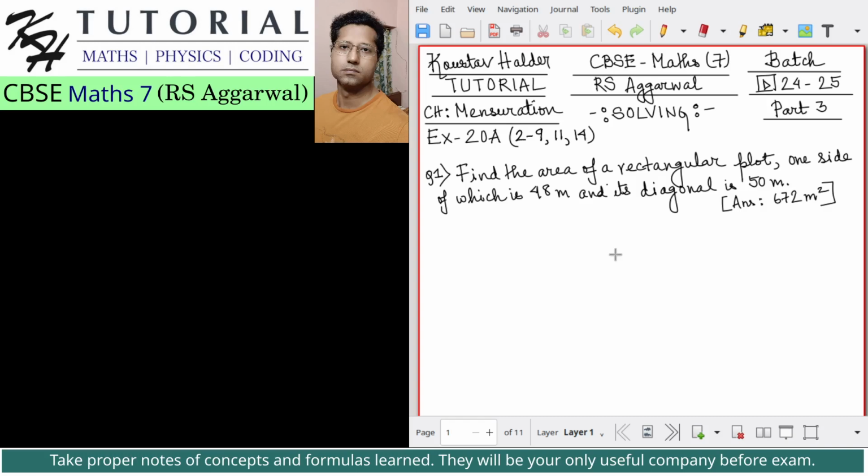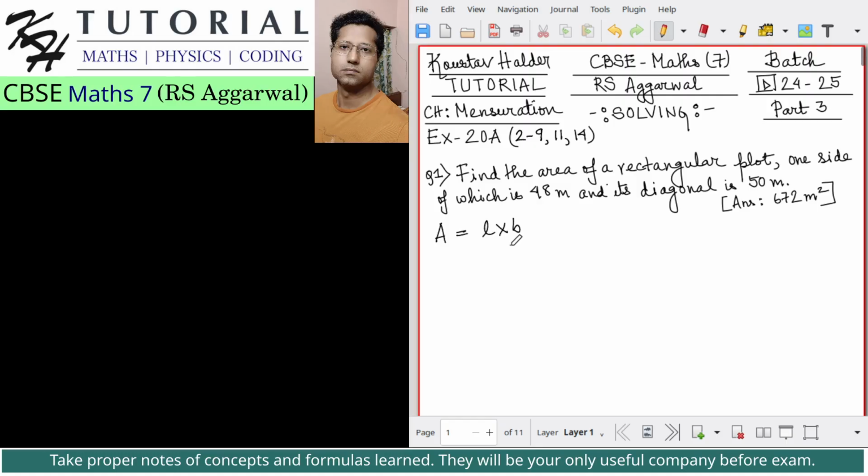Question number 1 says: find the area of a rectangular plot, one side of which is 48 meter and its diagonal is 50 meter. So the diagonal is given and one side is given, and we have to find the area. Now to find the area, we know that area of a rectangle is equal to length multiplied by breadth.